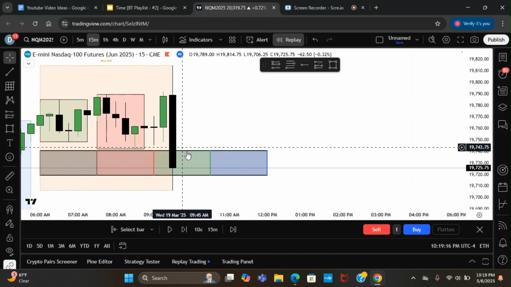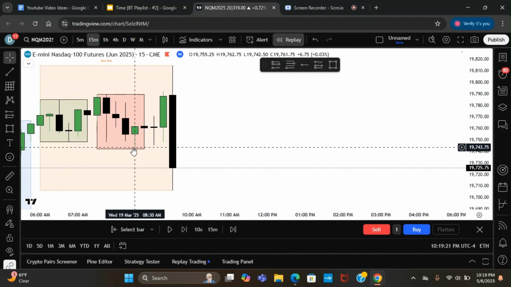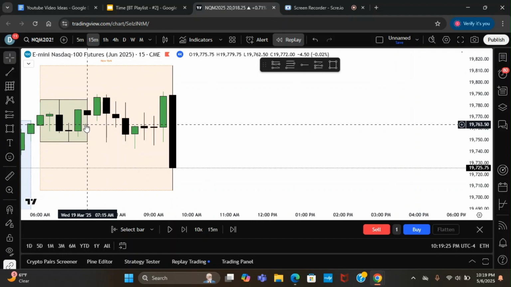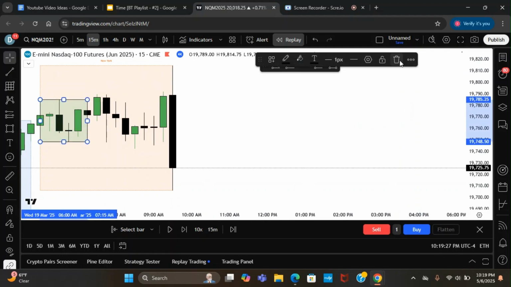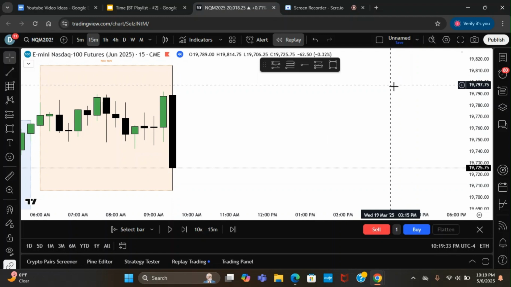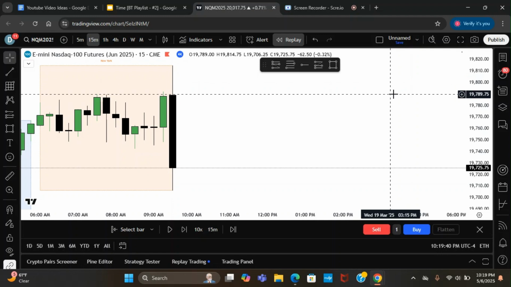So you can't take advantage of the AMD from this point, no matter what time period you're on. If London took both sides of Asia and then New York took both sides of Asia, there's nothing for me to do with the AMD for the rest of the day. If Tuesday took both sides of Monday, then Wednesday took both sides of Tuesday, I can't use the AMD for the rest of the week.